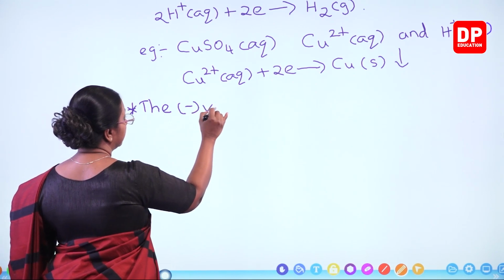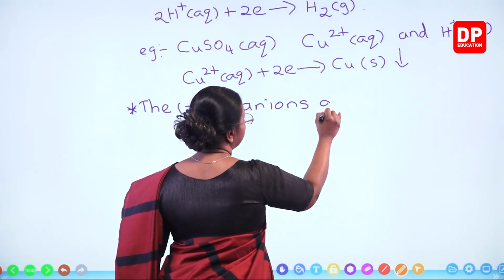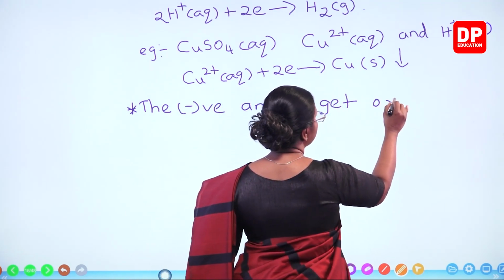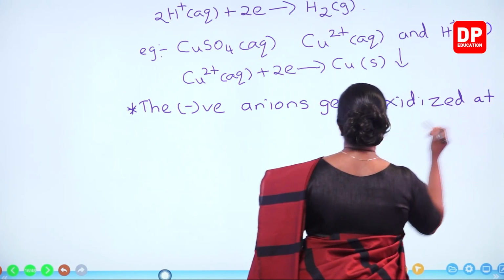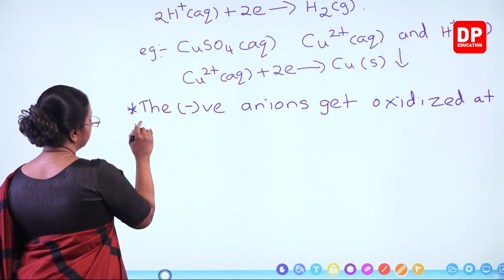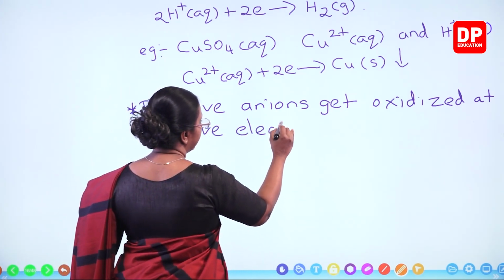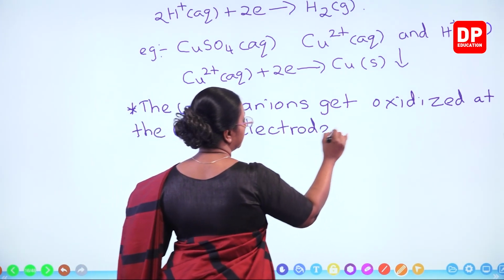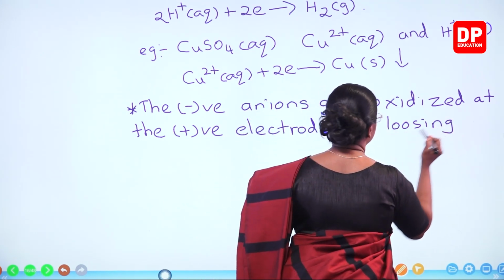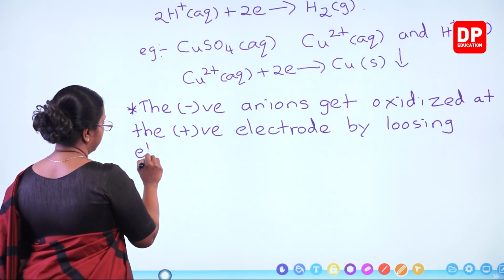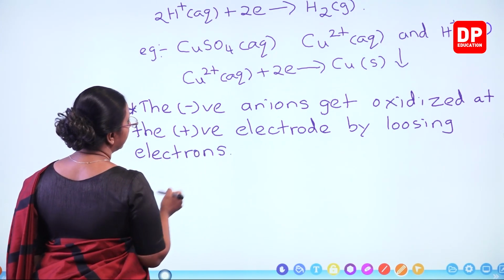The negative ions, that is the anions, get oxidized at the positive electrode by losing electrons.